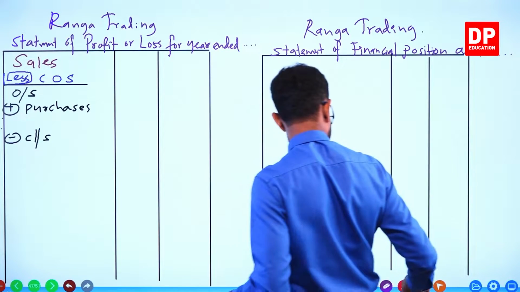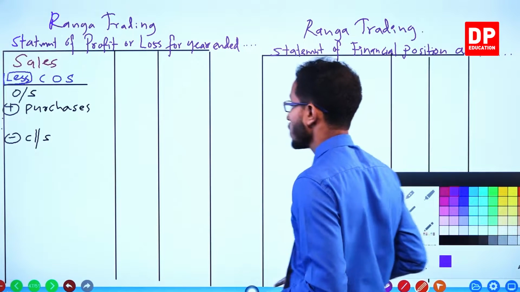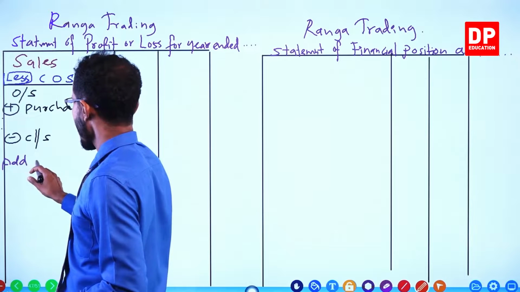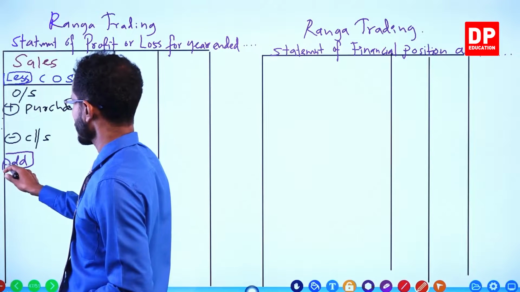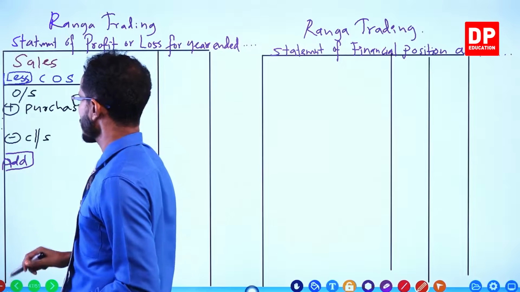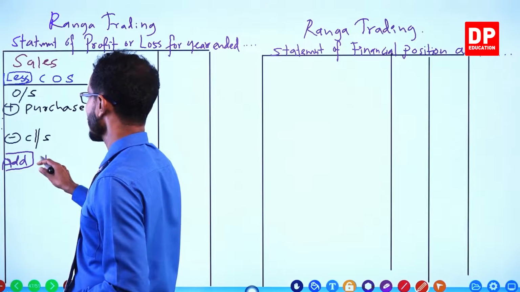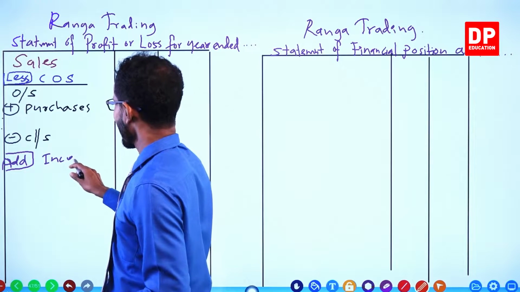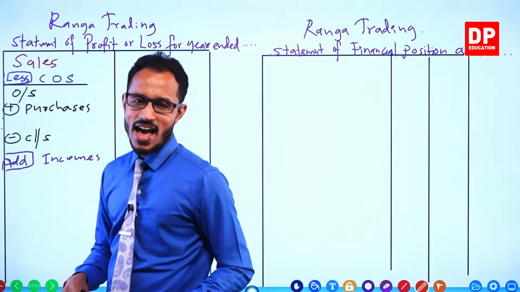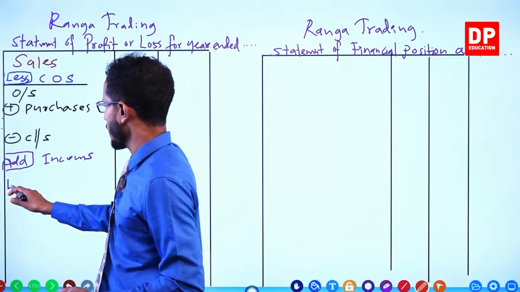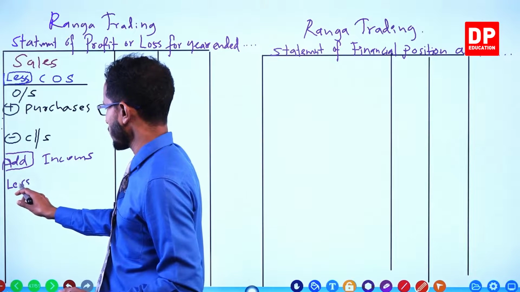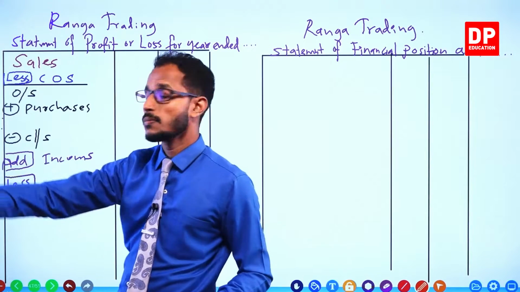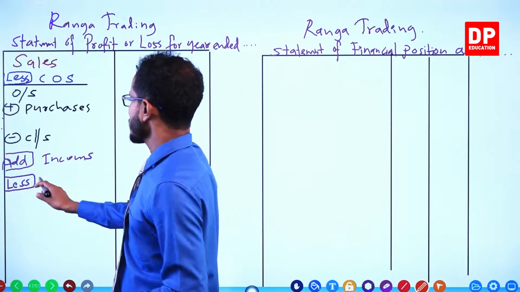Then you have to add other incomes, and subtract expenses.